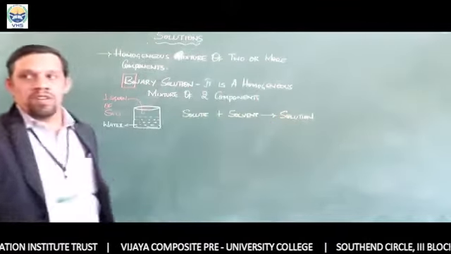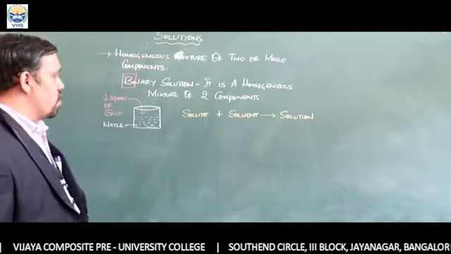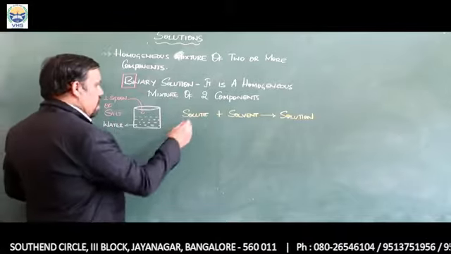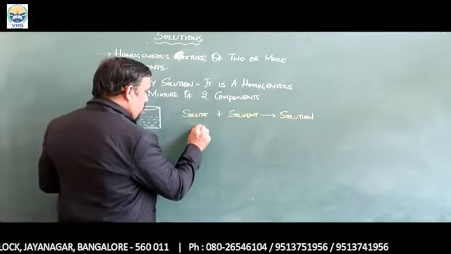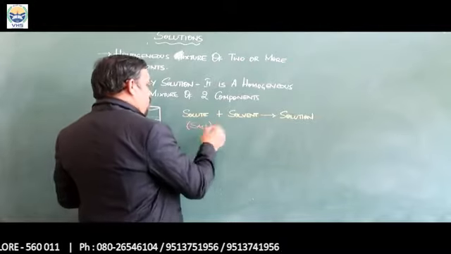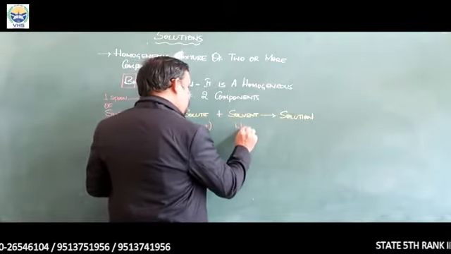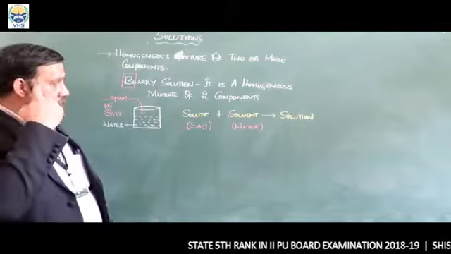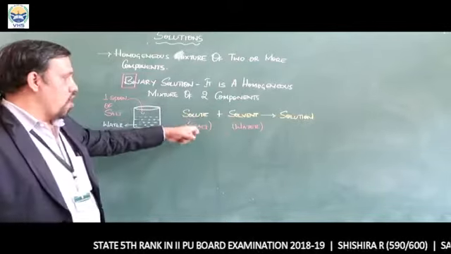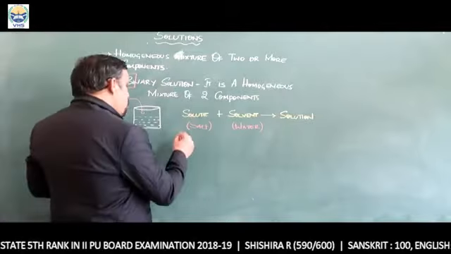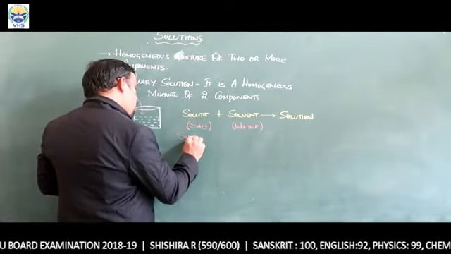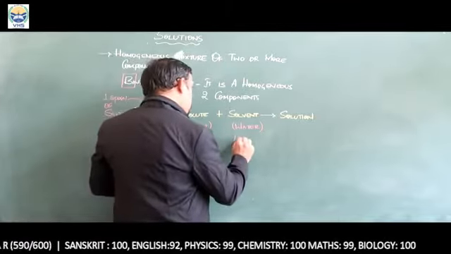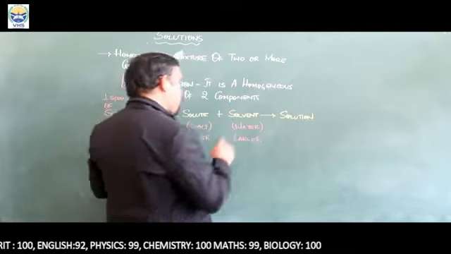Solute plus solvent gives rise to a solution. In this example, the solute that we have added is salt, and the solvent that we have taken is water. So we got a solution. How many components are there? Two components: one is salt, the other one is water. The component present in smaller amount is the solute, and the component present in larger amount is the solvent.